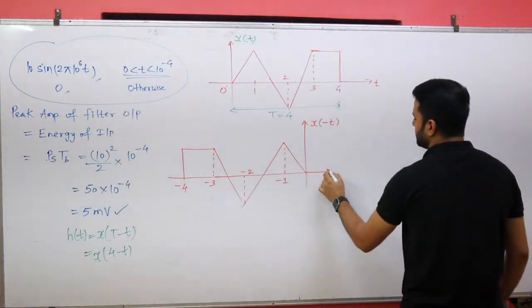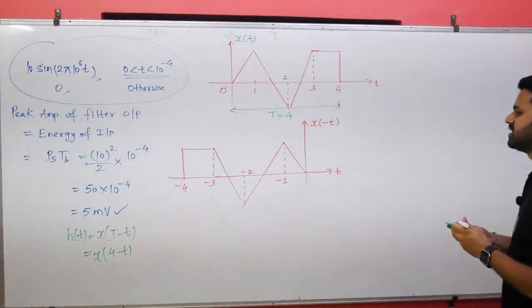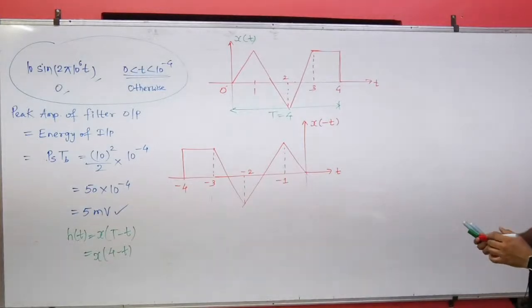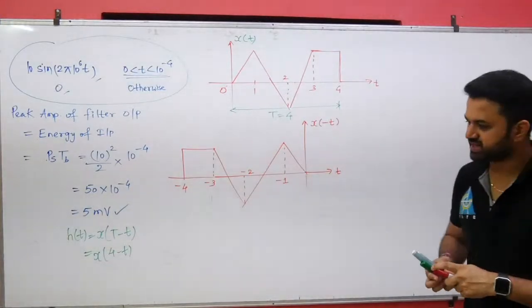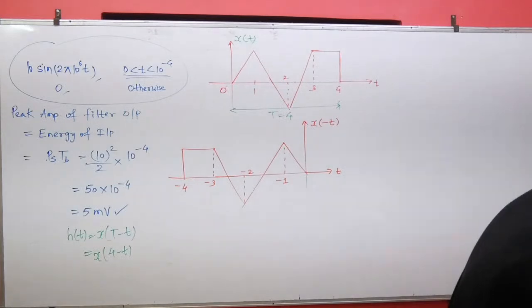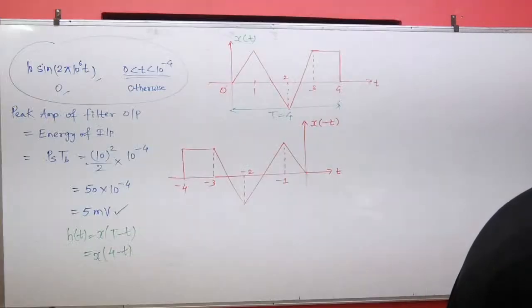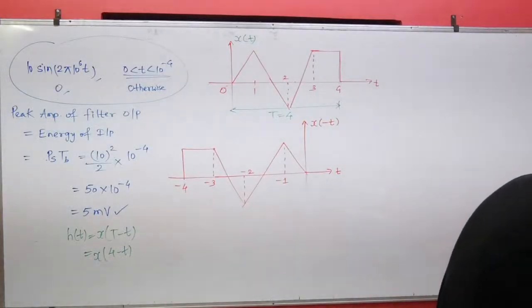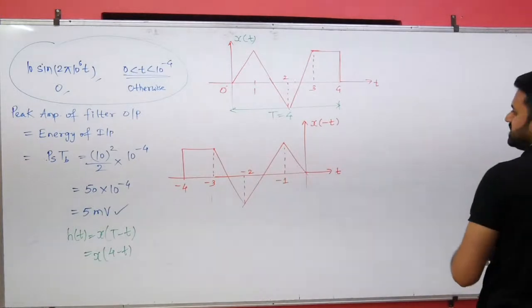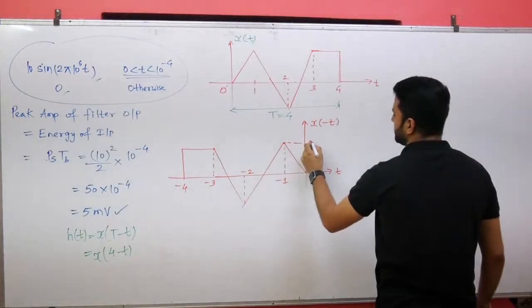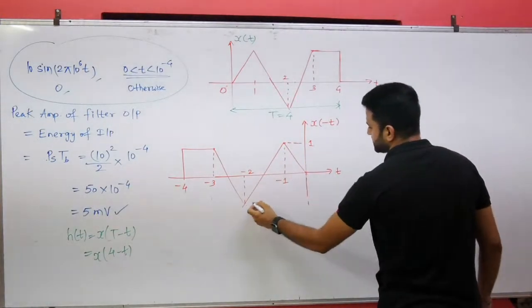Whatever the amplitude is, we will write it later. I think the amplitude is 1 and -1. So this is 1 and this is -1.